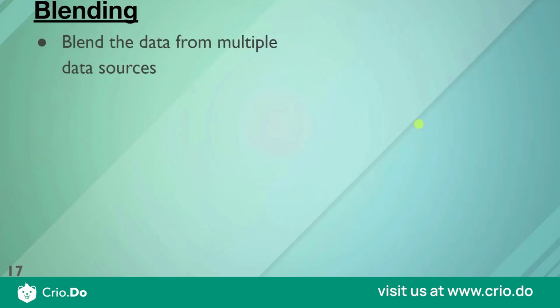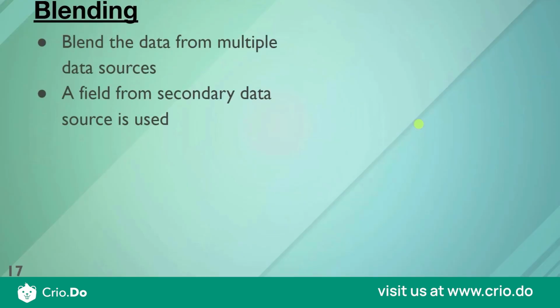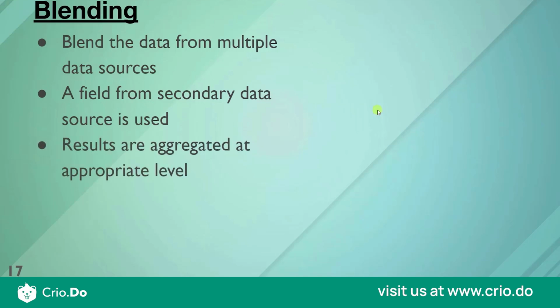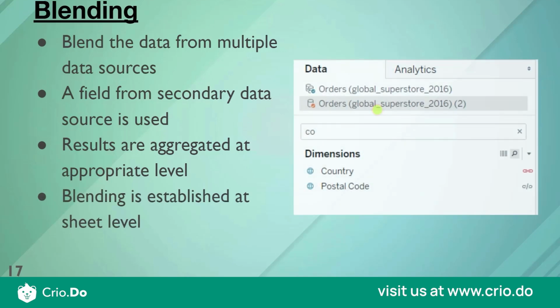Unlike relationships or joins, blending never combines the data. They do not truly combine the data. Instead, blends query each data source independently. The querying of the data source will be completely independent. So the results are aggregated to the appropriate levels, and the results are presented visually together in the view.